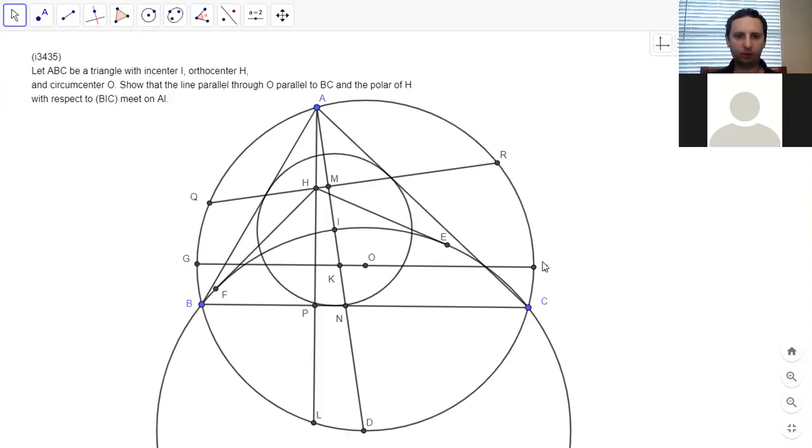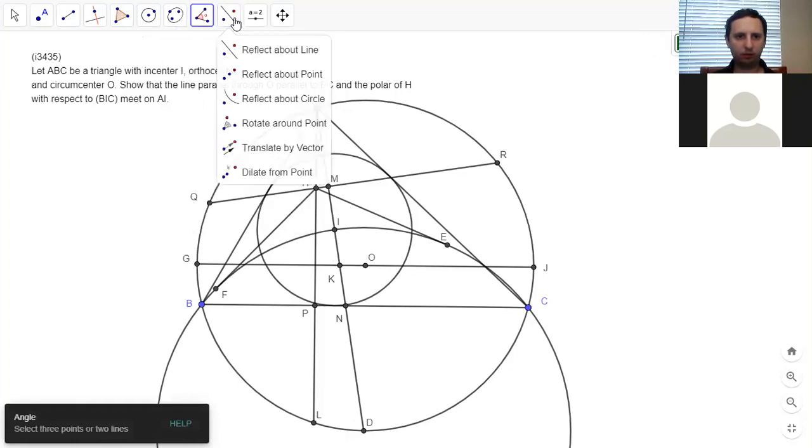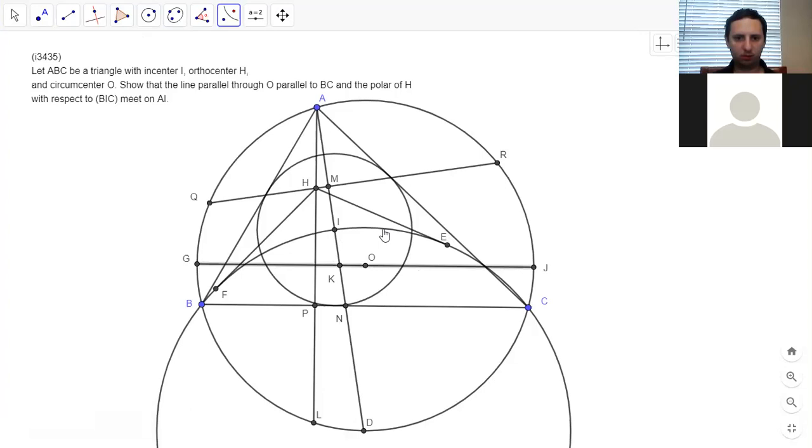So I wonder what this line, let's see. So that goes to that circle. Yeah, let me do that again. Looks like it passes through these points right here.